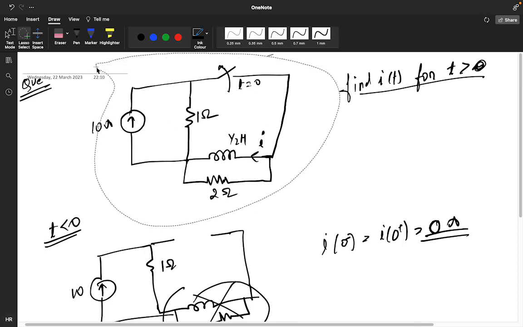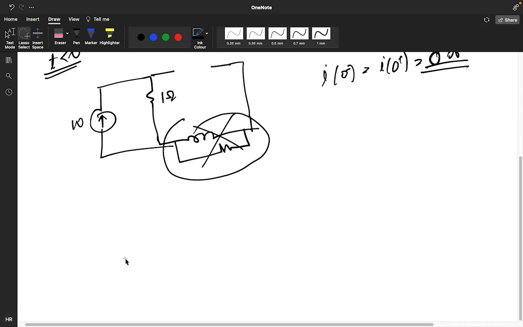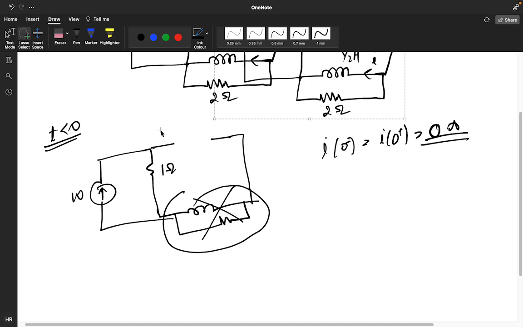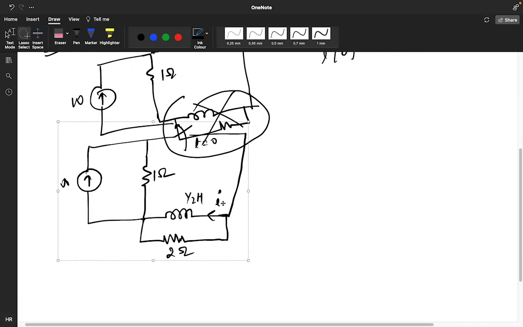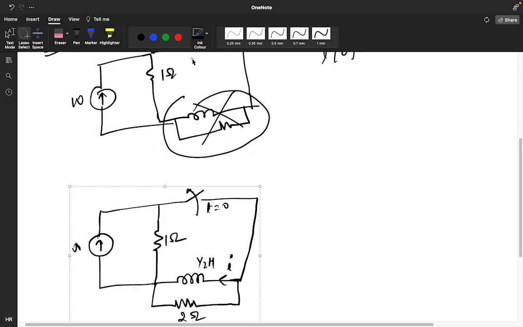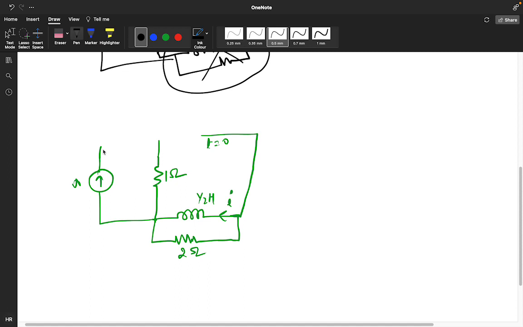When the switch is getting closed, now the circuit will be, okay. When I am getting the switch as closed, so this part is closed, so my circuit is becoming like this, right?